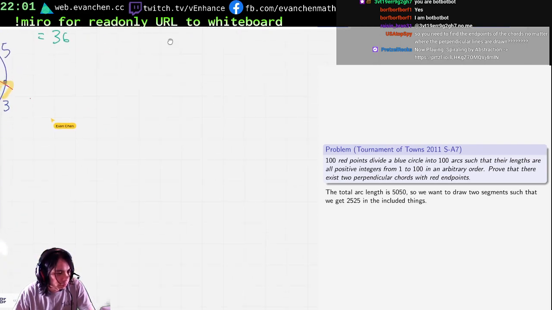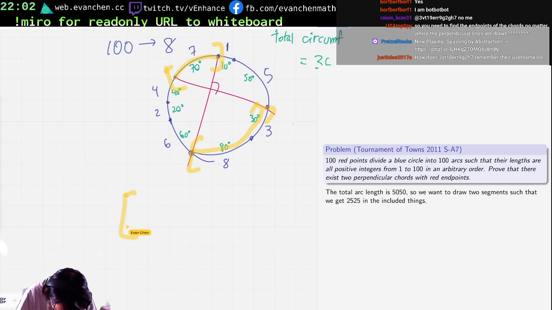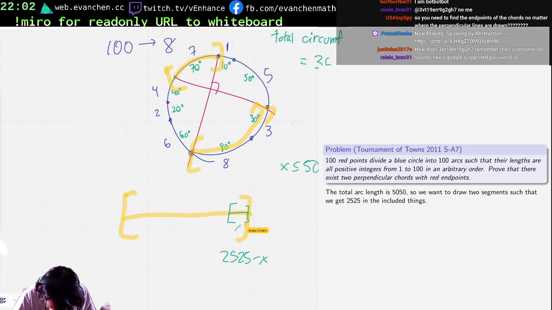I want to just focus on one end of the thing for now, so that you can have a little more symmetry. So you have this, and this has length 25 minus x for some x, without loss of generality less than or equal to 50. So the only way this fails is if there's some segment of length x exactly inside here.